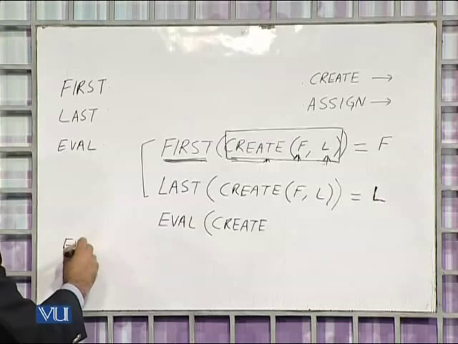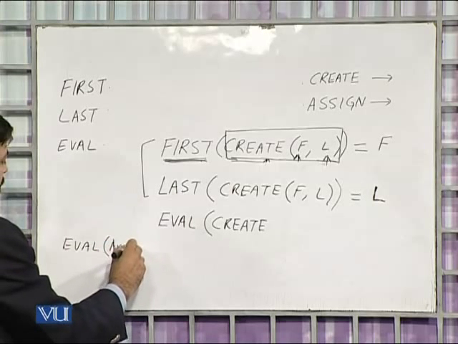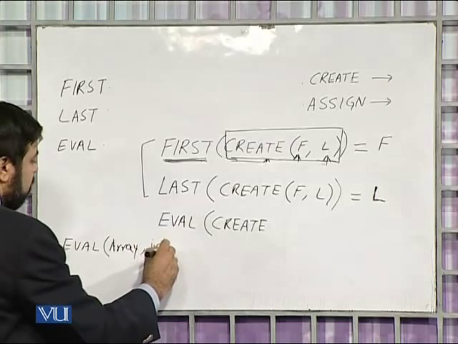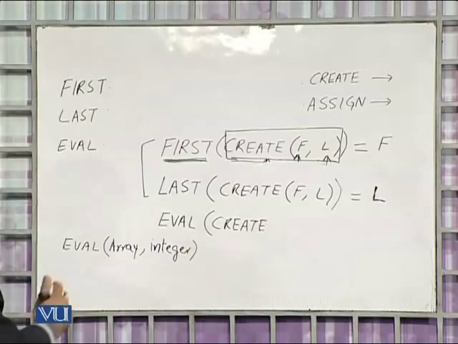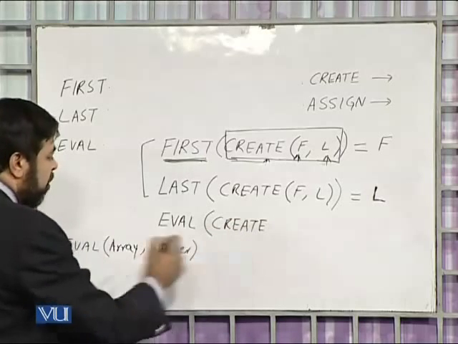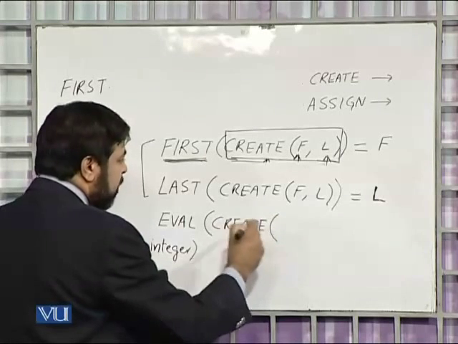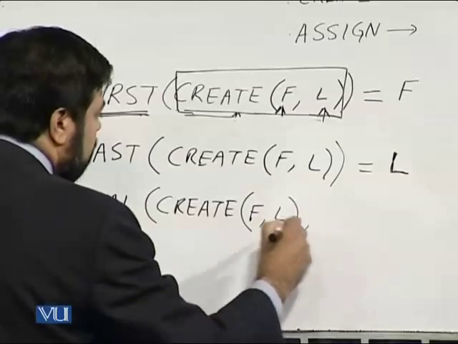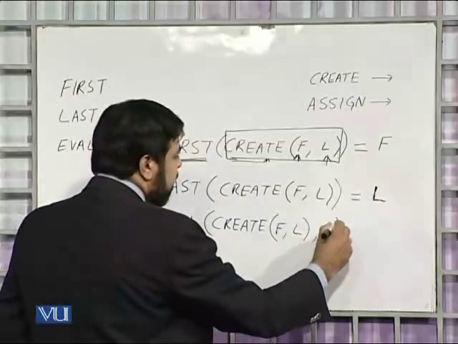Remember, eval has two parameters, array and the index, integer. So we need to give it two parameters. The first one is array, so we make an array through this create function, and then we need to give it an index, let's say I.